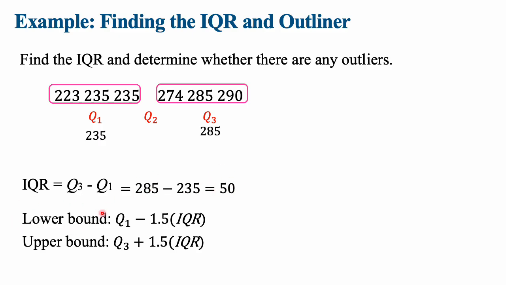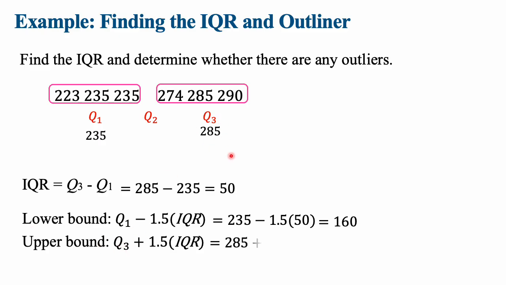Then we calculate the lower bound and the upper bound. Q1 is 235. 235 minus 1.5 times 50. I say this one is first. So 235 minus 1.5 times 50, that's going to be 160.